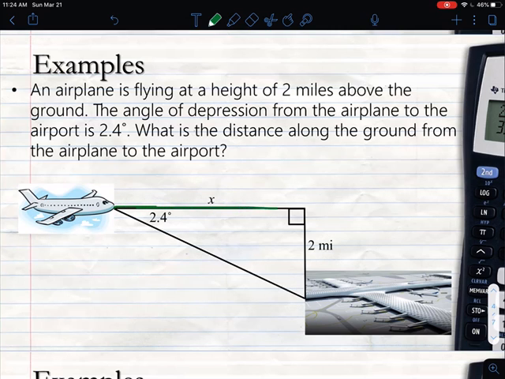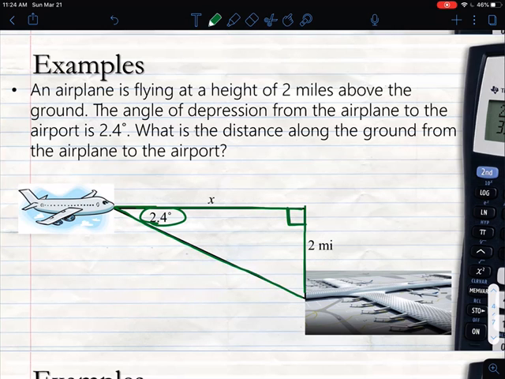It's flying essentially in this direction, so it's looking out in this direction straight across. The angle of depression from it down to the airport. So now if we were to look from the airplane down at the airport, the angle that's created, that angle of depression, would be 2.4 degrees. Now, as we're looking at this then, using those two lines, we can create this right triangle as it looks right now.